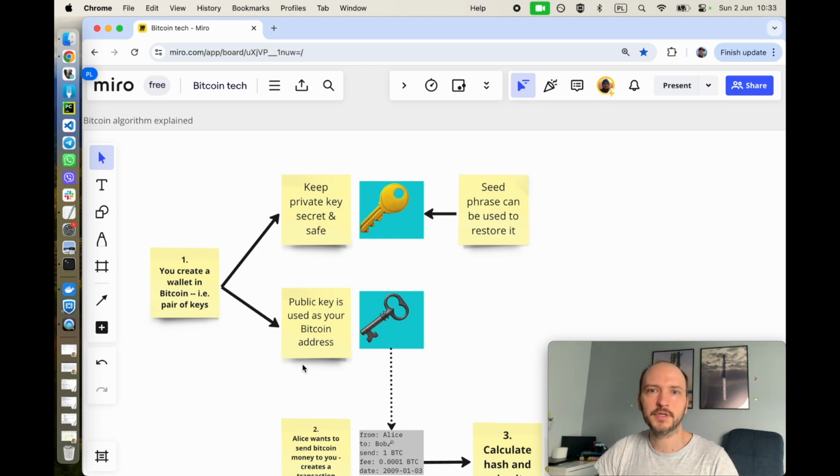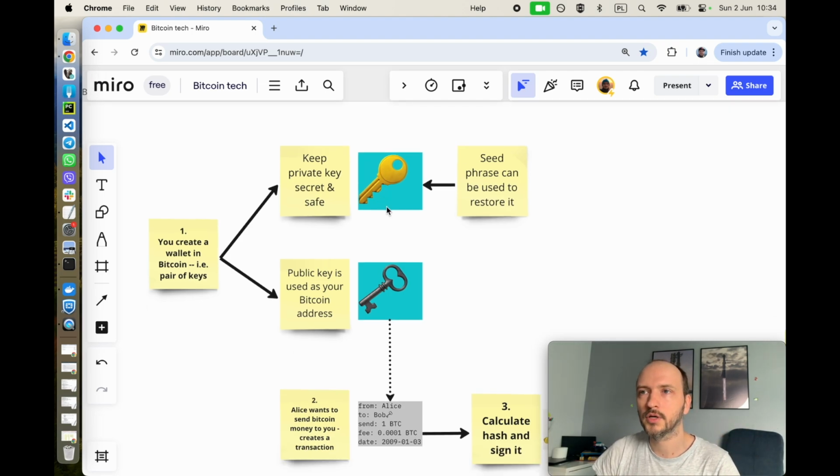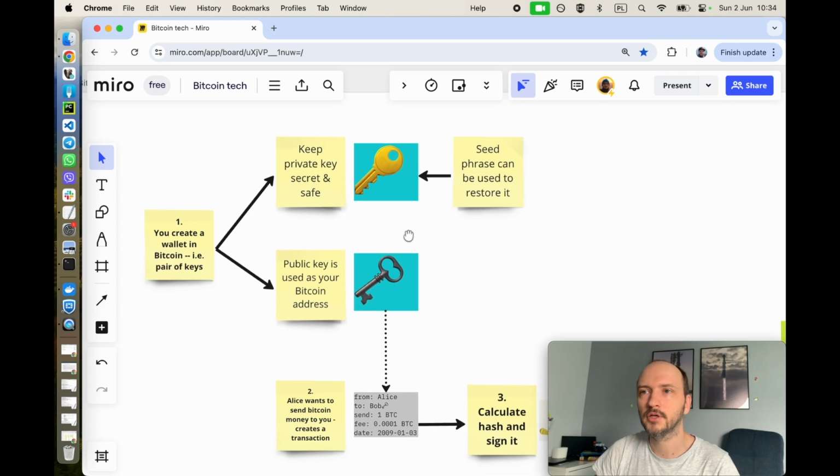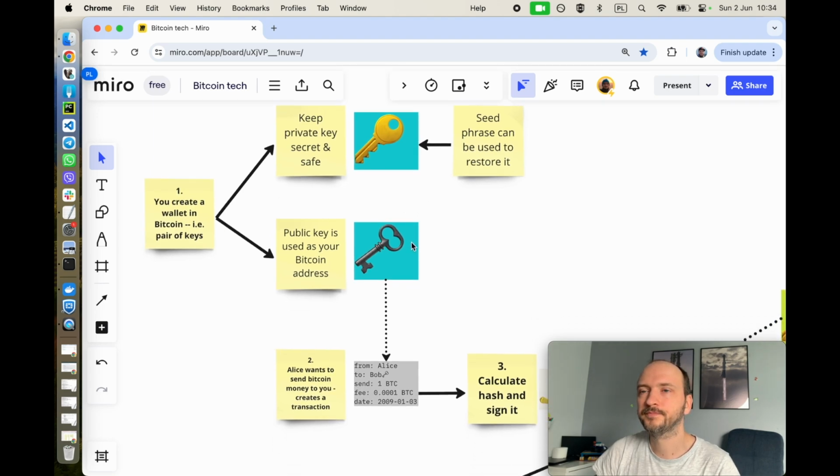So the Bitcoin address is just the public key of a person. And you may also face a need to create a seed phrase. So when you create a wallet, the application asks you to remember a seed, and this seed can be used to restore the private key. So in this way you can reproduce the same private key in the future if you remember the seed phrase.